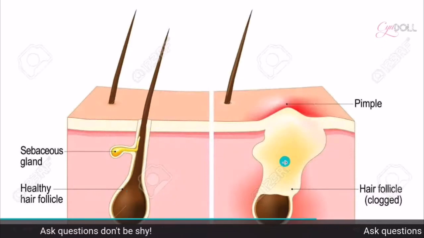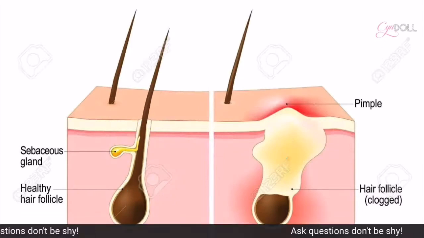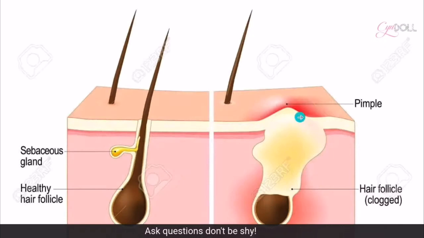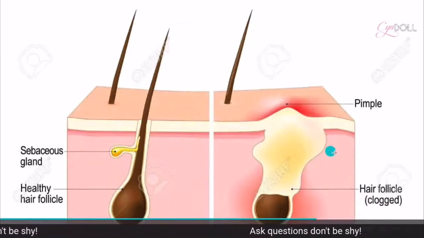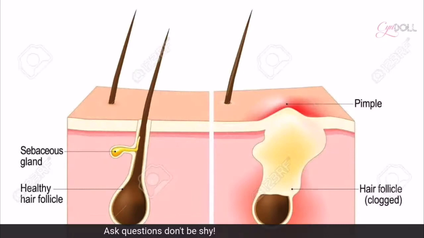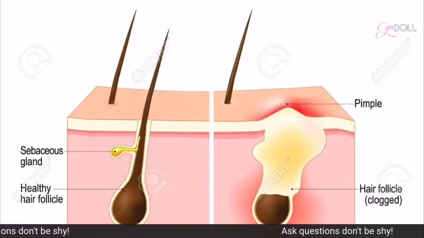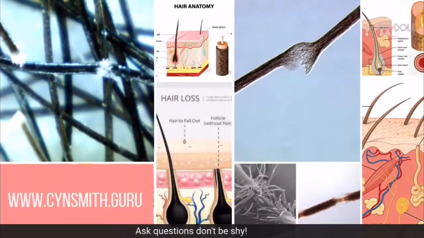But the more products you put in, the more oils you put in, the more things you put on the scalp, the more you fill the follicle. And once the follicle is full, there is a pimple. There is a clog. As soon as the follicle gets clogged, it detaches itself from the blood supply, causing pain and causing hair fall. It's just what it is.